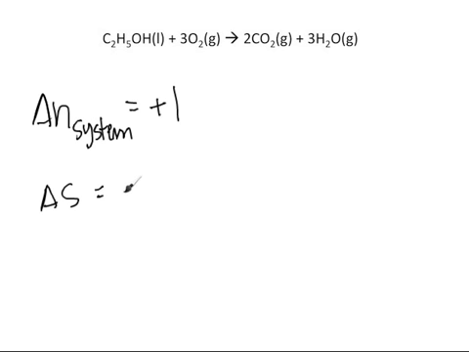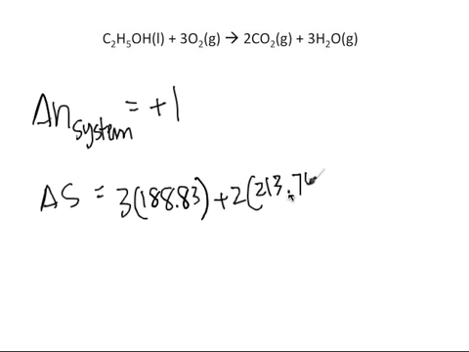Okay, let's calculate the delta S. So the delta S is the entropy. This again is just done by looking at the table. So for water, it's going to be 188. Similar calculation to enthalpy. Carbon dioxide minus ethanol is 160.7, and minus 3 oxygens, 205.14.